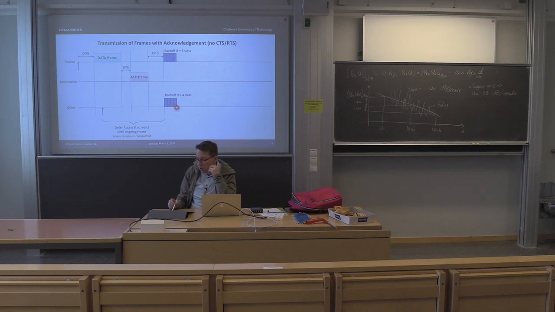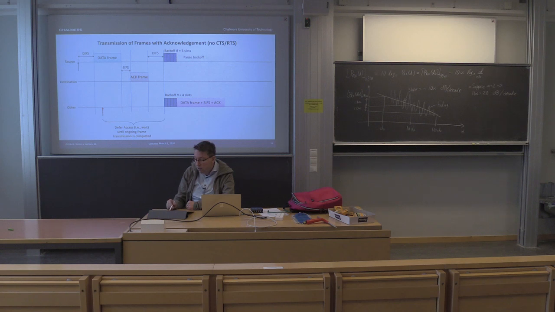But here the backoff counter has gone from 4 to 0, which means at this point in time, this other node is able to transmit its data frame and wait the SIFS and then receive an ACK for this, according to the same type of exchange as here.